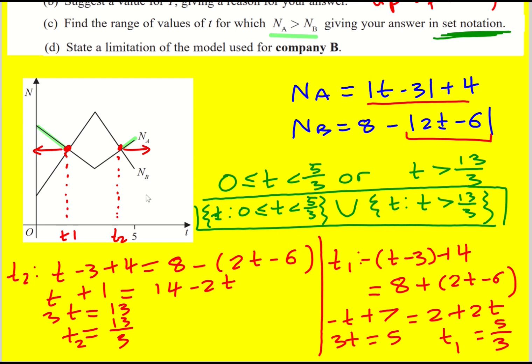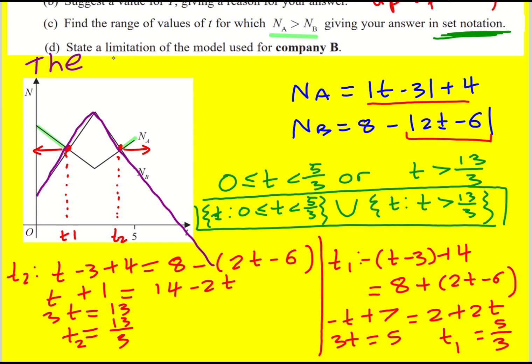Okay, very finally, state a limitation of the model used for company B. Okay, so we had it going up and then back down, but look what's going to happen if we follow it along. It's actually going to become negative. So our model is predicting eventually we'll have a negative number of users, and that is obviously a limitation because that can't actually happen.